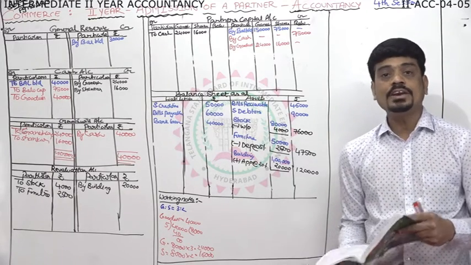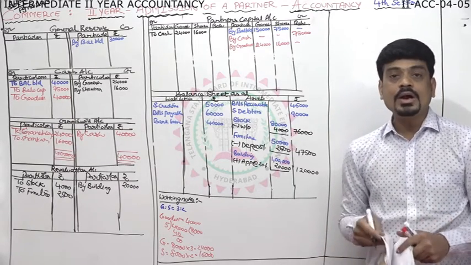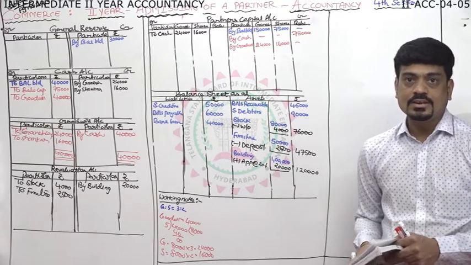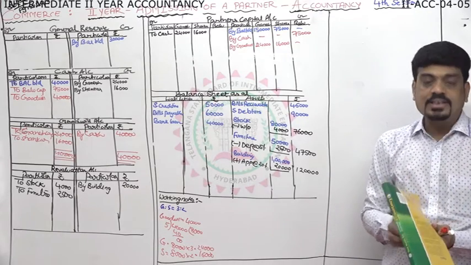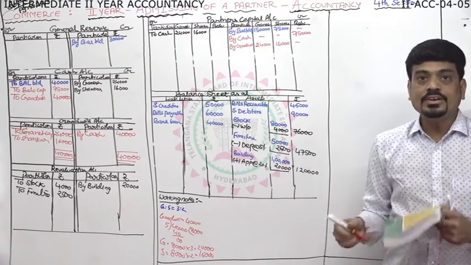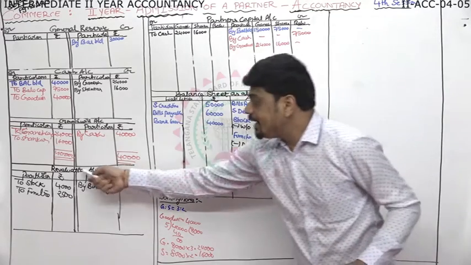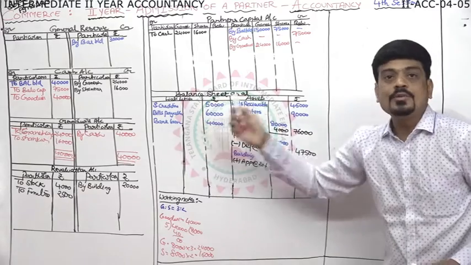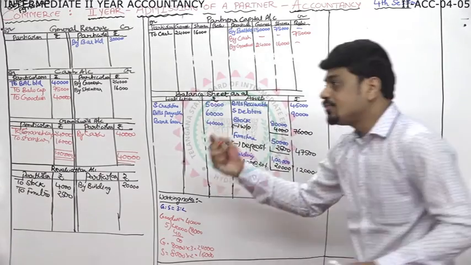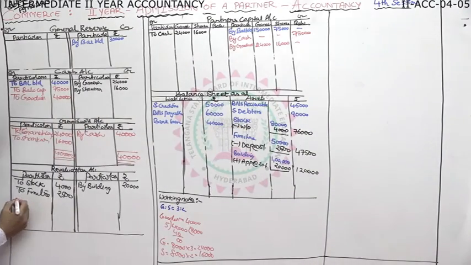What is the name of the unrecorded liability here? It is workman compensation. So liability is increasing. When liability is increasing, we have to post it onto the revaluation account debit side, and in the new balance sheet we'll put it as a liability. So I'm going to revaluation, to workman compensation.